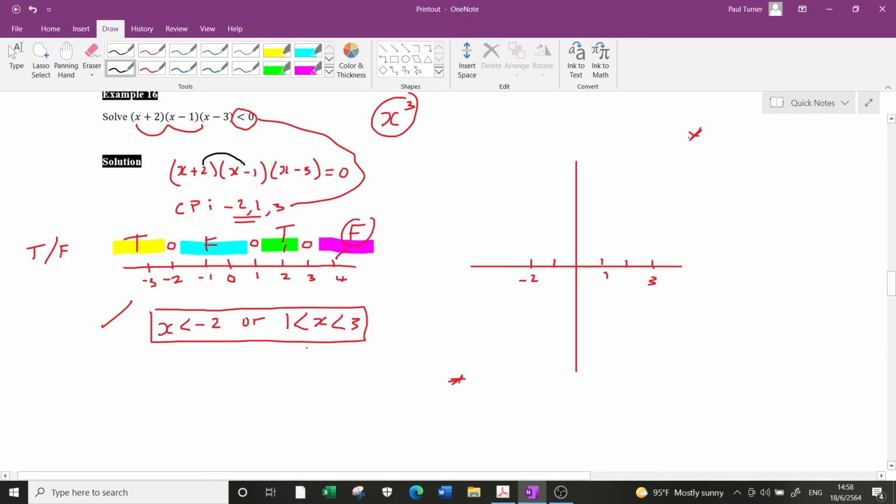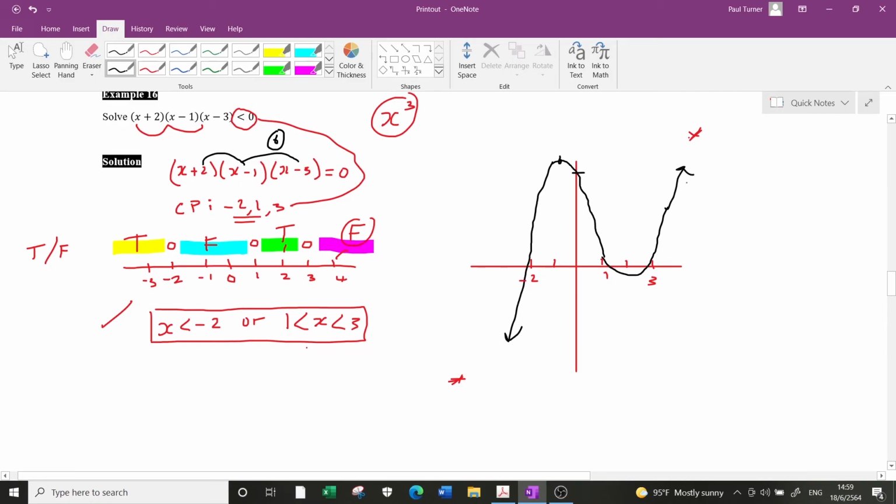2 times minus 1 minus 2 times minus 3 is 6. So that's your y-intercept, so up here somewhere. So let's make a graph. Through 3, turn somewhere, go up through 1, and then go through your y-intercept, then go down through minus 2 like that, okay?